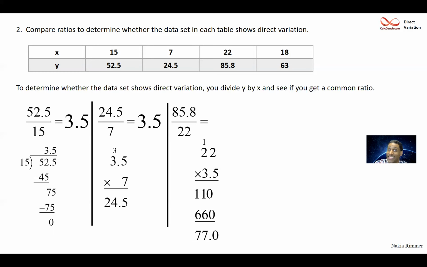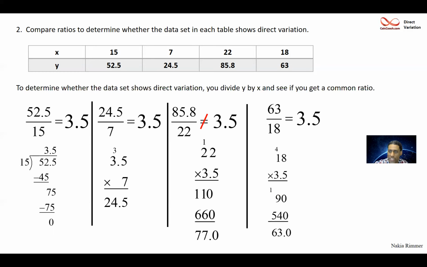And it's not. You get 77. It's not 3.5. Stop right there. No way this can be a direct variation. You can check the next one. The next one happens to hold. Yes, 18 times 3.5 is 63. But so what? As soon as one point violates it, it does not show a direct variation.